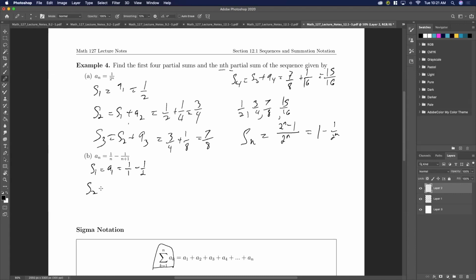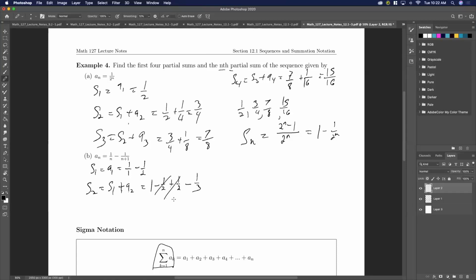So S2 is equal to S1 plus A2. Well, S1 is 1 minus a half. A2 would be 1 over 2, so minus 1 over 2. Oops, this is plus though. Sorry, plus 1 over 2 minus 1 over 3, right?